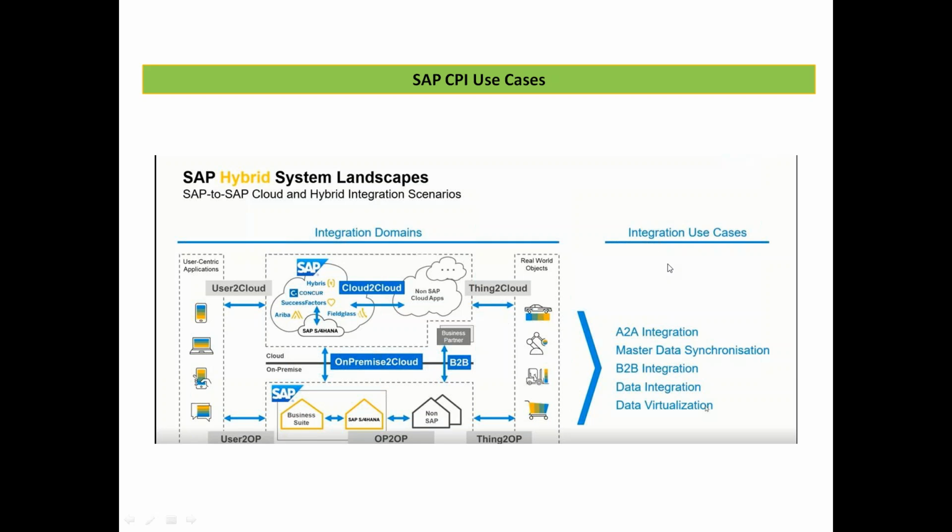If you want to integrate your source application with any other application, then we'll go for the CPI. Otherwise, if you have any business to business integration, then we'll go for the cloud platform integration. These are the use cases, in which scenario, for which tools we should integrate.